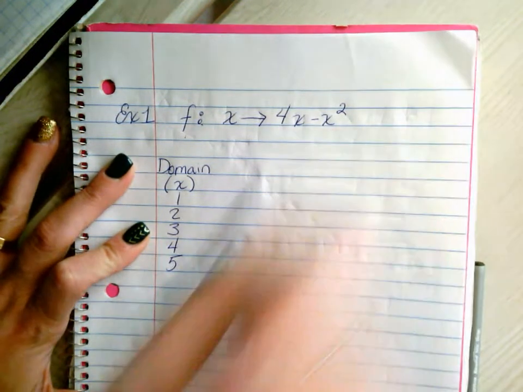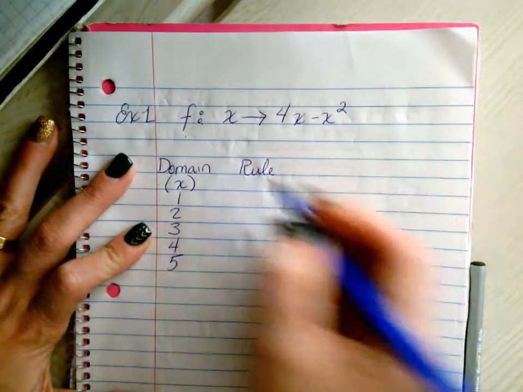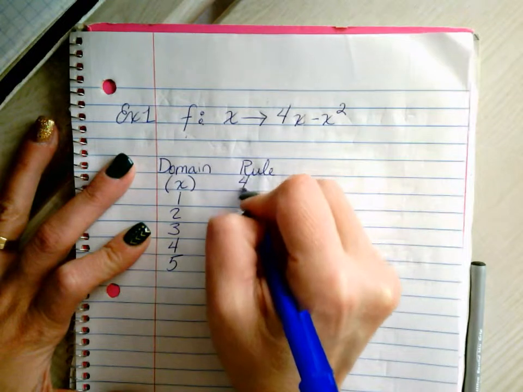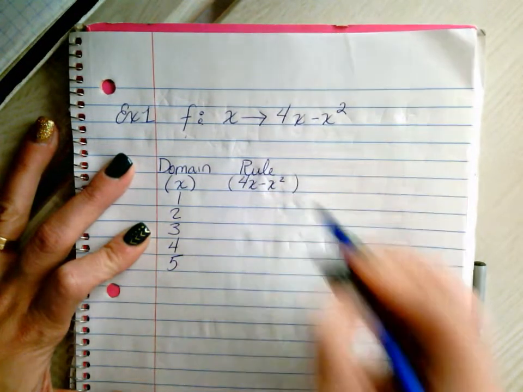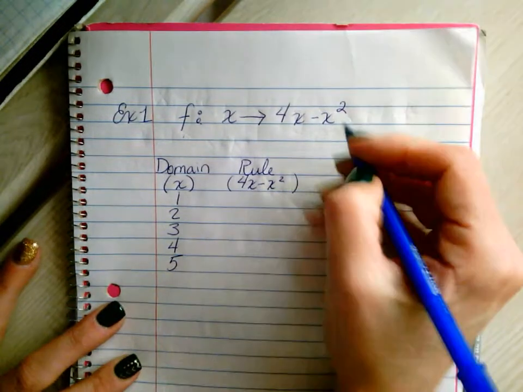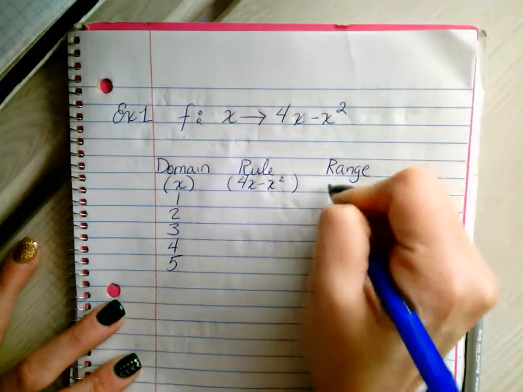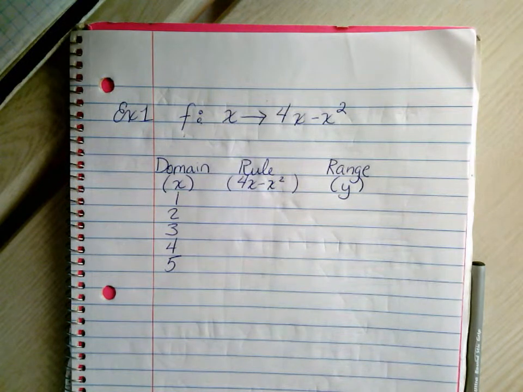The function, or the rule, okay, again, I'm just trying to make it simple. The rule is 4x minus x squared. Okay? So when I take this and I plug it in here, I get a specific range, which in our brains is a y value.